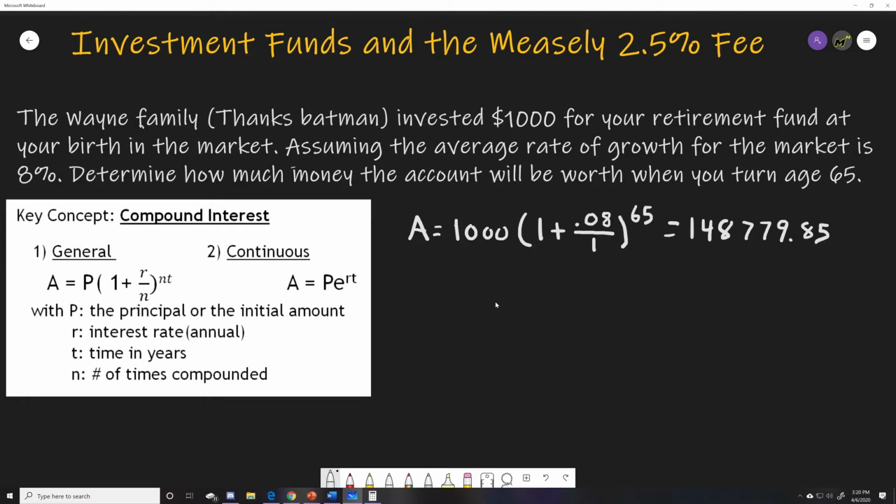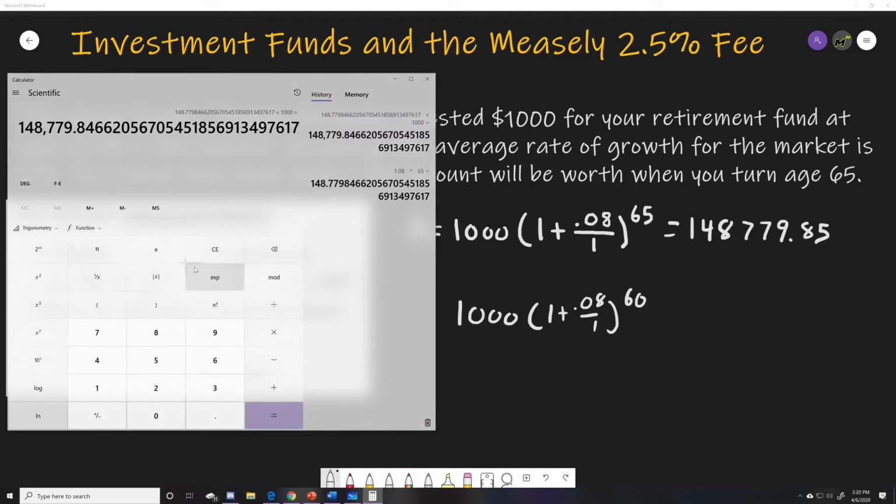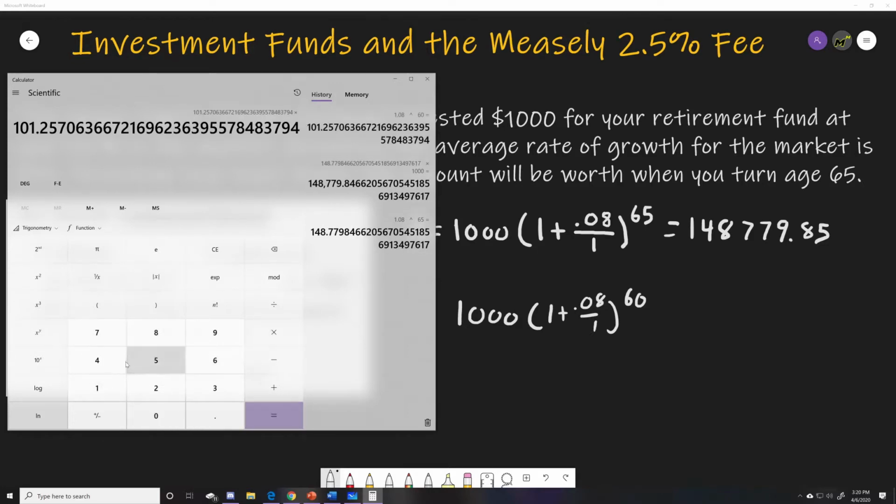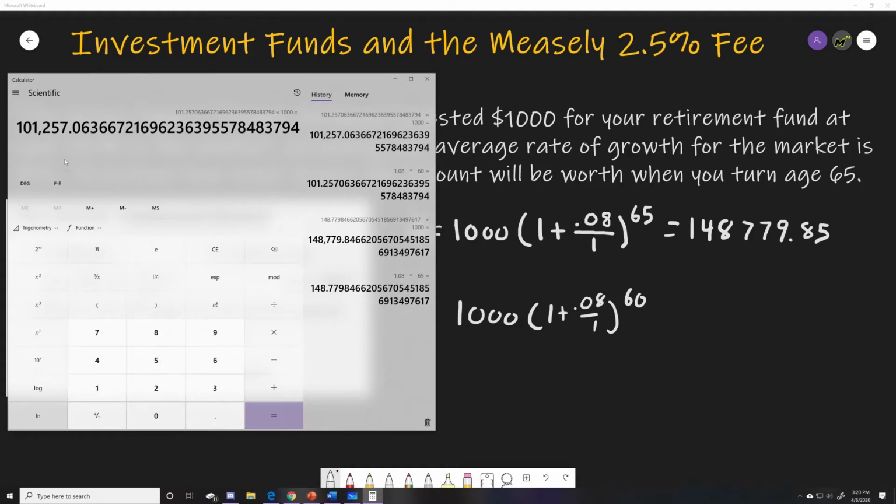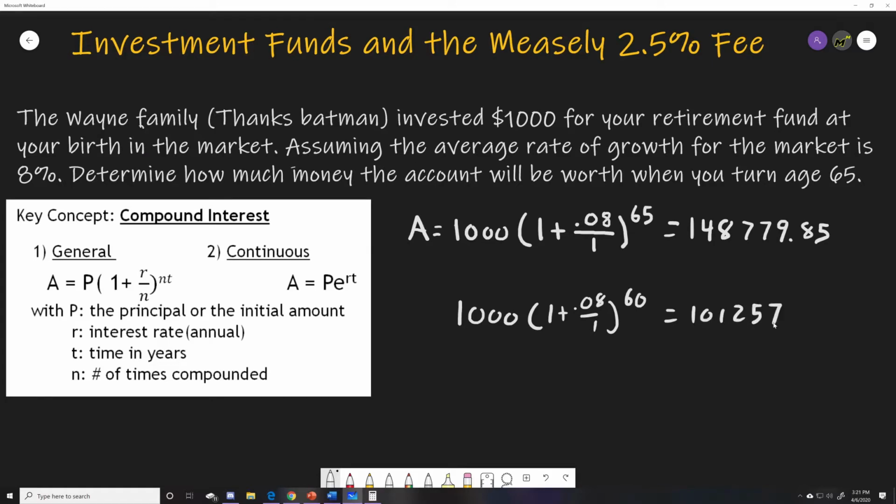Let's see where the fund was at when we were, say, 60. 1 plus 0.08 over 1, to the 60th power, times our 1,000. And right there we're at $101,257. So even just those last 5 years, you made around a $47,000 difference.